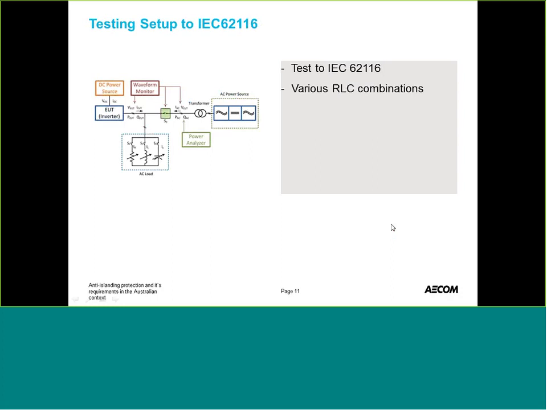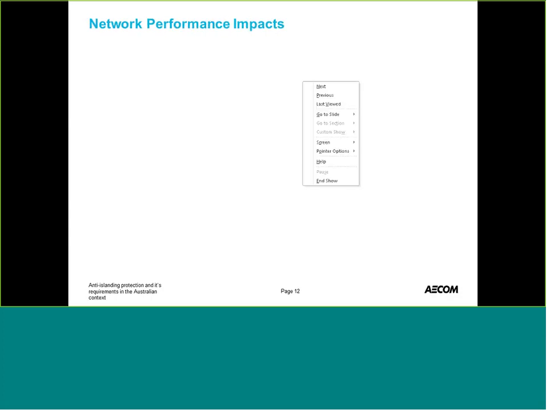It looks at various RLC combinations, so we talked about that quality factor. So the intent here is to vary the RLC combination to have different quality factors. So if you know the equipment's tested for various quality factors and you know the quality factor of the load where you're connecting the project, you'd have a bit of comfort that it would detect that condition. The requirement is to disconnect within 2 seconds for those various RLC combinations.